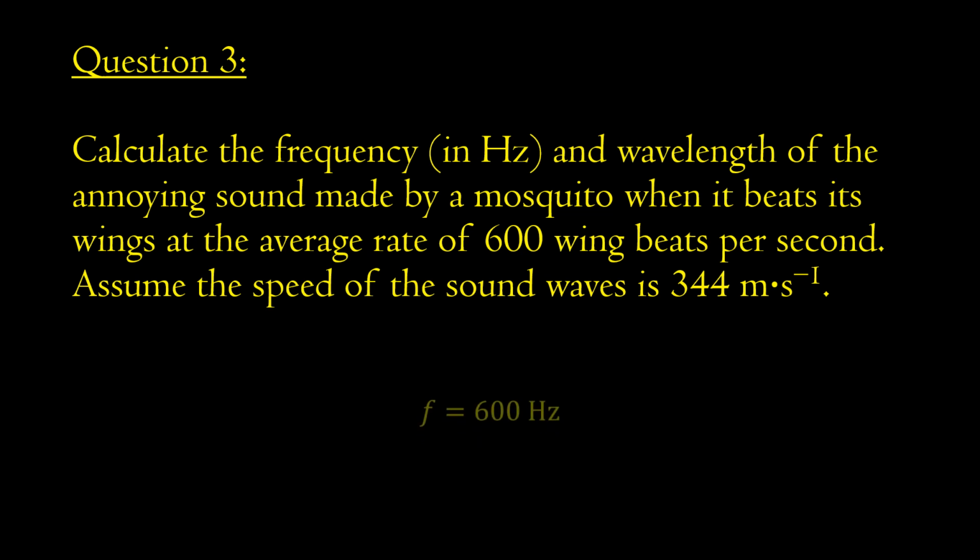This should tell us that the frequency is actually just 600 hertz. So we were given that the speed of sound is 244 meters per second, and we've just determined that the frequency f equals 600 hertz. What we need to find is the wavelength, and that wavelength must be in meters.